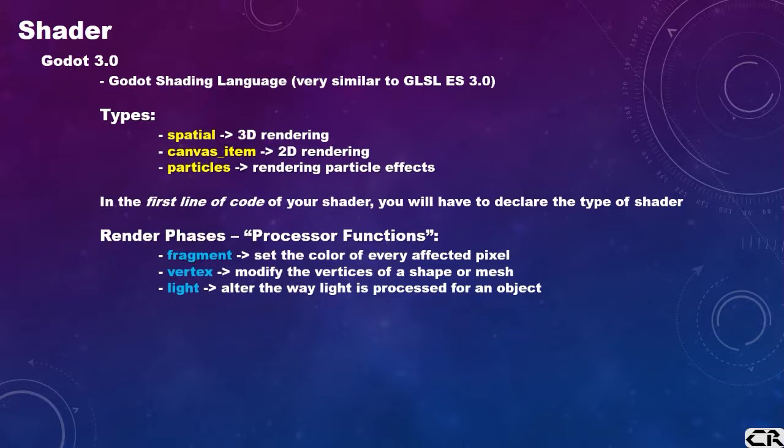After choosing the type of your shader, you will then write code that will be run simultaneously on every affected item. This is where the real power of shaders comes from. For example, when using the processor function fragment, the code inside is run on every pixel of the object at the same time.